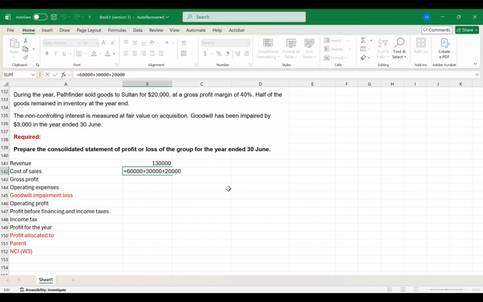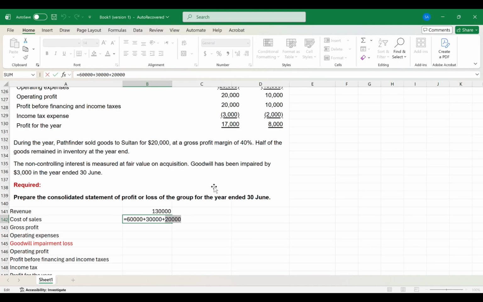So remember, when you're taking your cost of sales, with this you have to adjust the unrealized profit also.